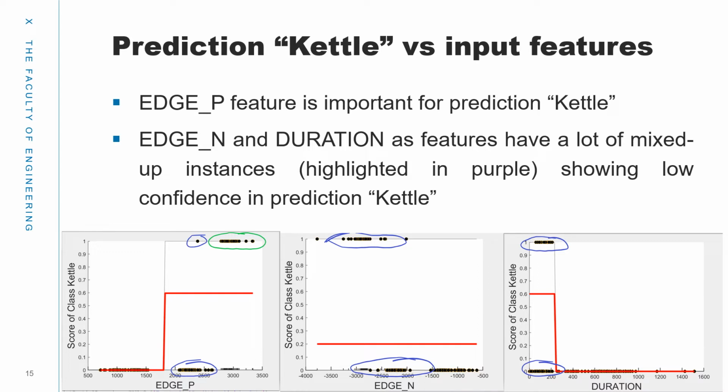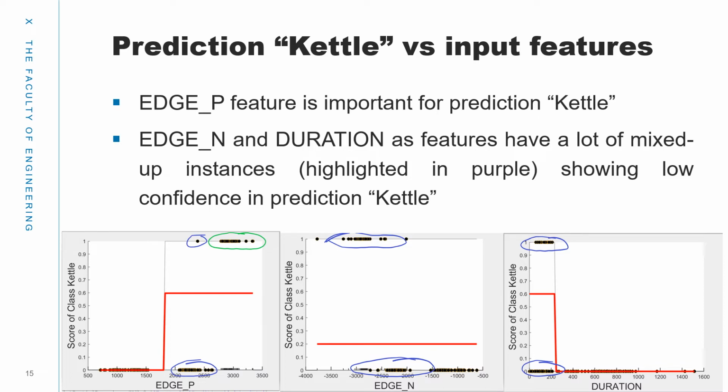However, the model considered edge P important for predicting kettle, as seen by the rise of the PD plot in the figure below. Due to kettle's high and distinct power signature, edge P instances, highlighted in green, at the score of 1 are very well clustered and do not mix with other instances.